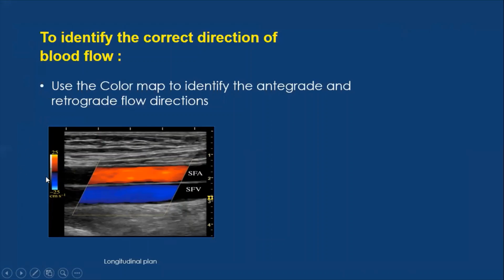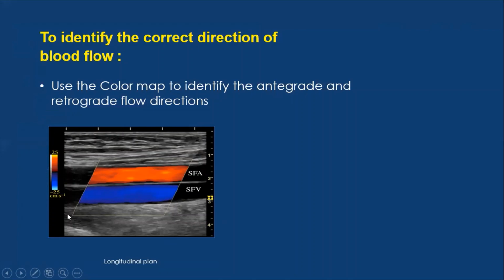Flow coming from the head to the toes will be against the beam direction, so it will be displayed as red in this case. This is the superficial femoral artery. In the femoral vein, because it's going away from the beam direction, it will be displayed as blue.